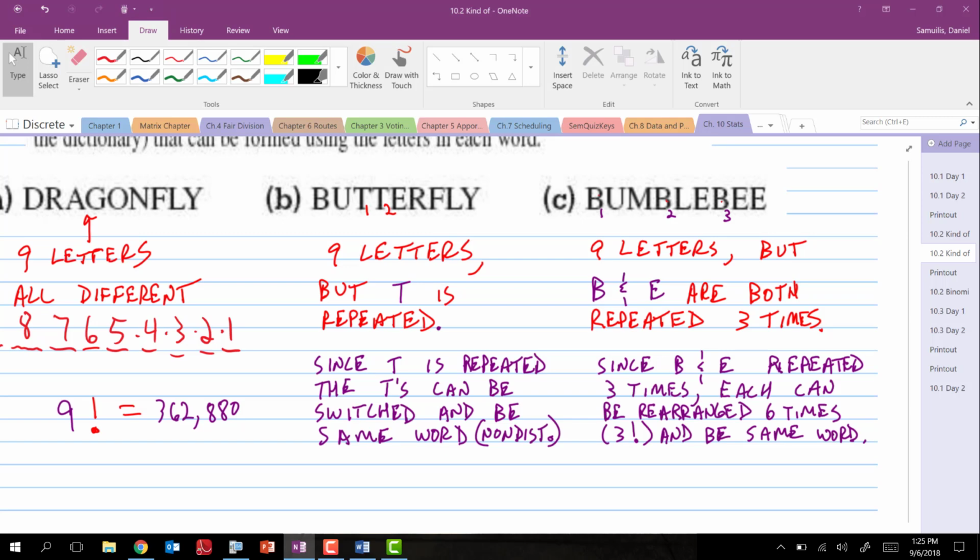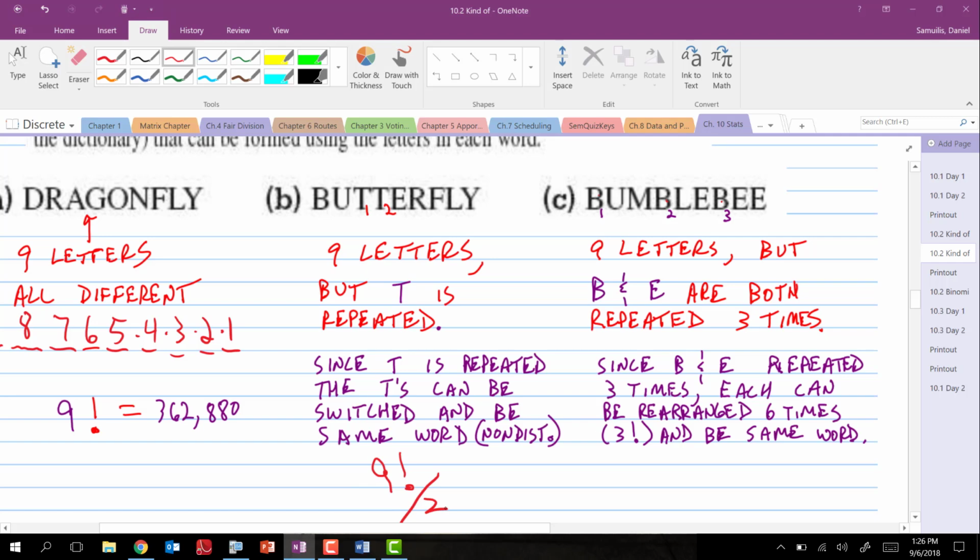So how many do you think there are with butterfly? What would I have to do with this 362,000 number? Not subtract, divide. Because for every word that I make, I can make it 2 ways with the T's being switched that are not different.